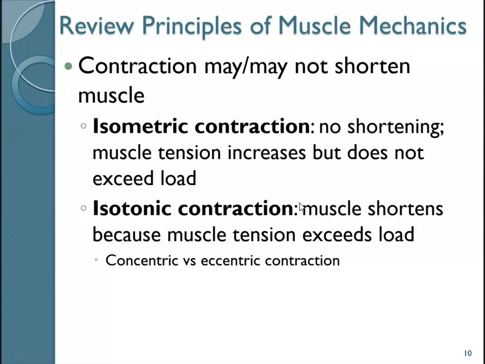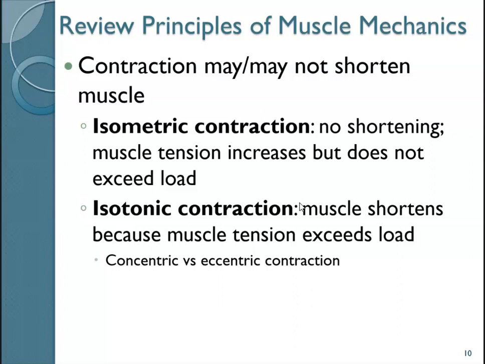This is when we are trying to move a load that's heavier. So if I was trying to lift a 3-ton truck, or even a 1-ton truck, I probably would not be able to move it, right? But believe me, there will be force exerted by my muscles, but there is no shortening. It stays still.